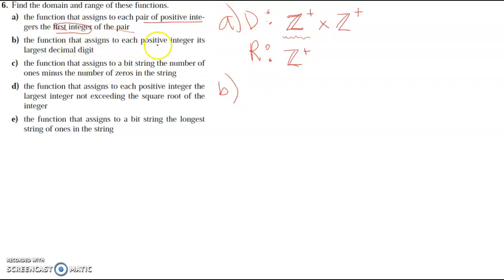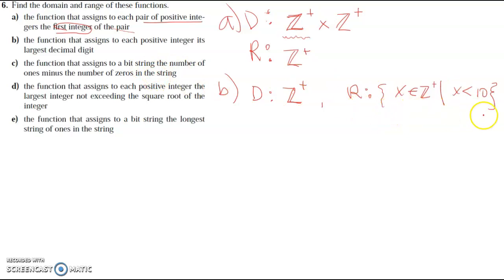The function that assigns to each positive integer its largest decimal digit. Again, our domain is going to be the positive integers, so Z positive. The range we would write in set notation, as long as x is a positive integer, taking on that decimal digit value.